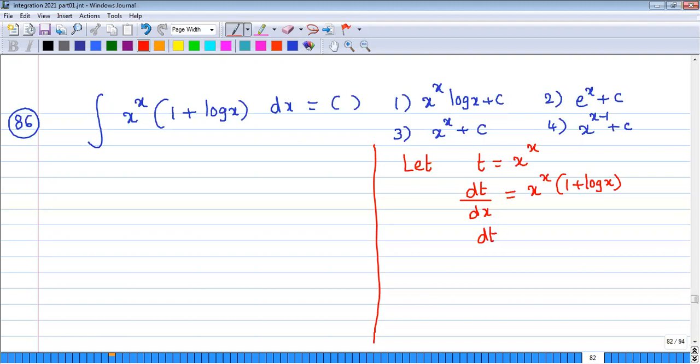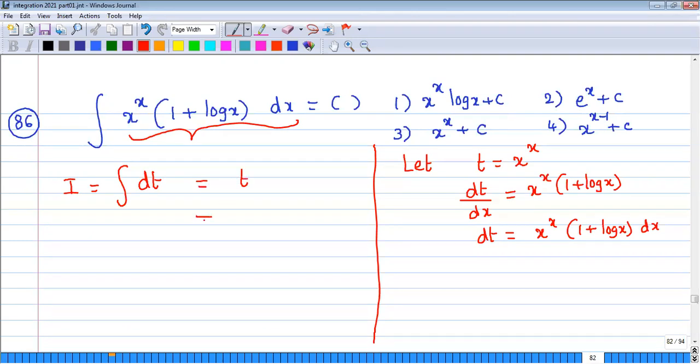So dt equals x to the power of x into 1 plus log x dx. So that means this is replaced by dt. So I becomes the integral of dt. That is t. t stands for x power x. So x power x plus c. That's the answer.